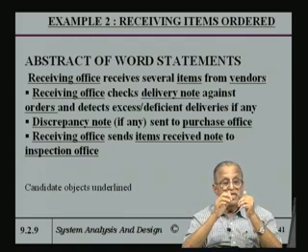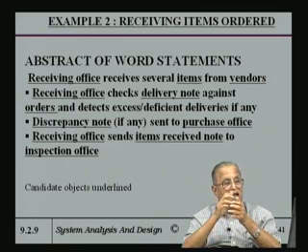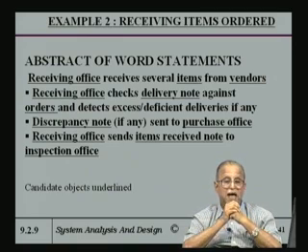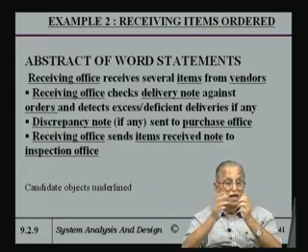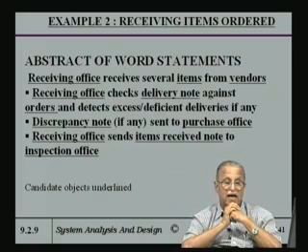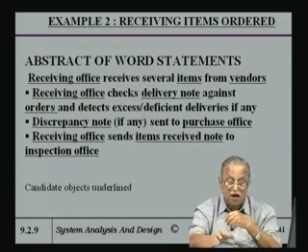The receiving office, after receiving the items, sends an items received note, which may be a copy of the delivery note, or it may be somewhat different in its internal data structure, to the inspection office. So the inspection office is the next entity.